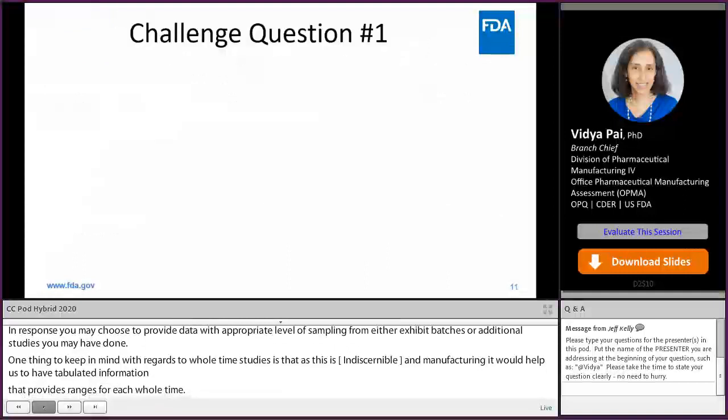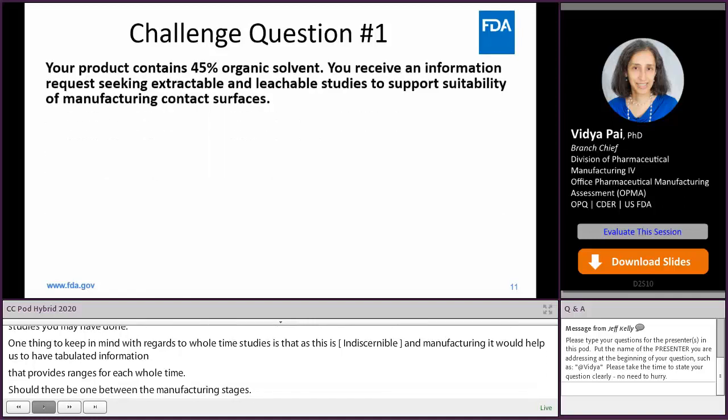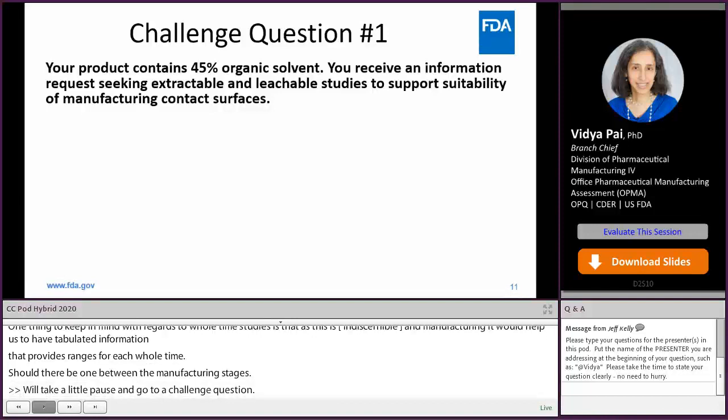So we're going to take a little pause and go to a challenge question. The challenge question talks about a product that contains 45% organic solvent, and an information request was sent out seeking extractable leachable studies to support suitability of the manufacturing contact surfaces.